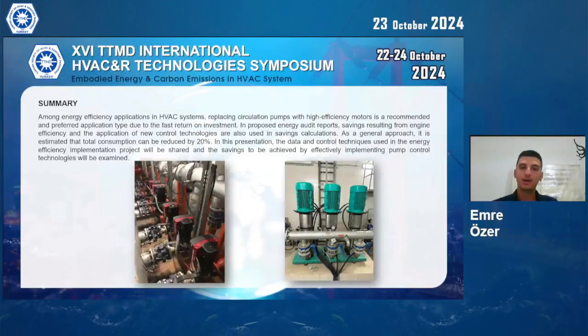Then if we examine why these options are considered suitable, replacing the circulation pumps with high efficiency motors is generally a recommended and preferred application type due to fast return on investment. As a general approach, we estimate that total consumption can be reduced by 20%. In this presentation, we are going to examine data and control techniques used in the efficiency implementation project, and we are going to check can we actually reach these numbers.